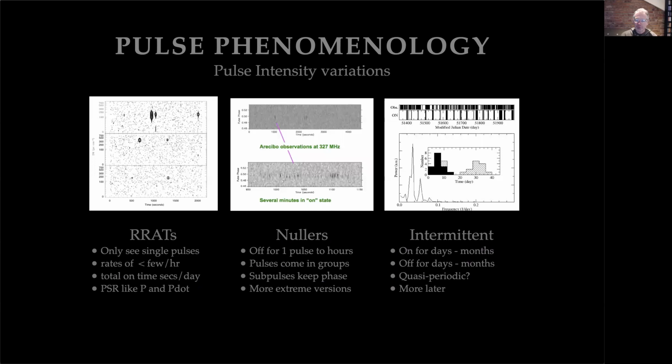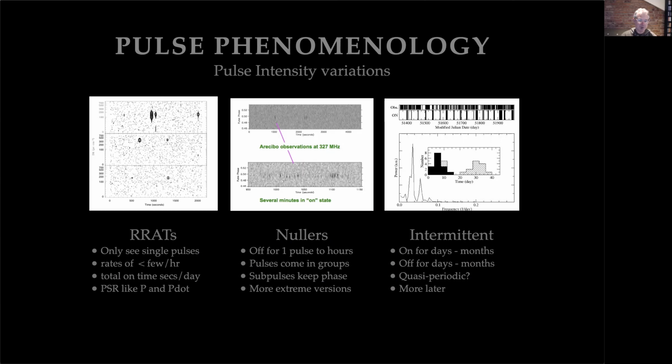There's all sorts of other pulse phenomenology that we know about, and I can't spend long on it, otherwise basically you would end up doing your PhD. But just to highlight some of these things, there are relatively recently discovered objects called RATs.